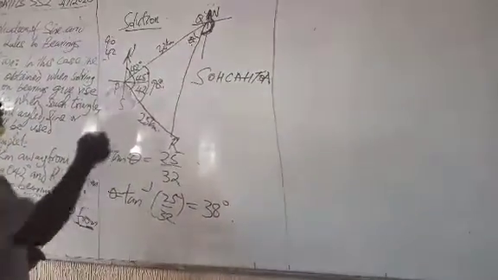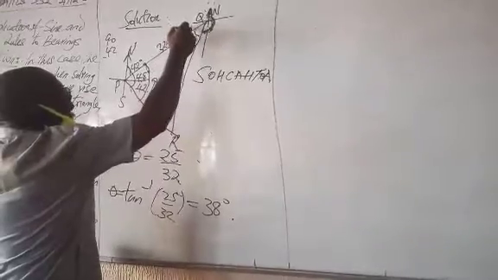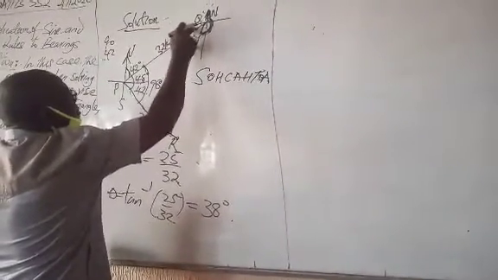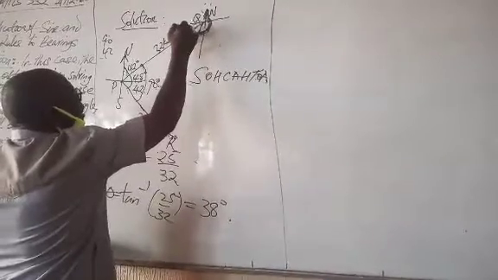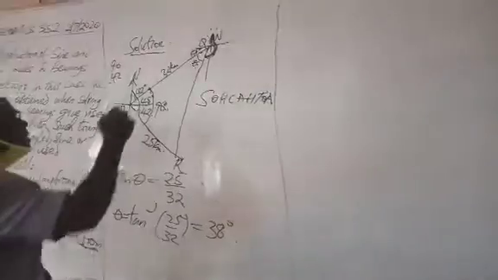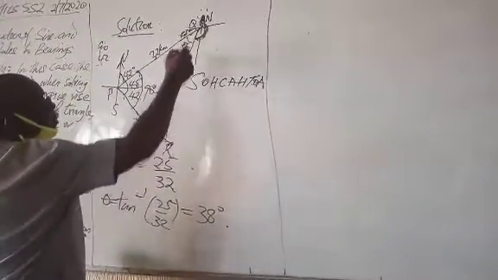Mind you, since here is 48, here will also be 48. Why? This is alternate to that. Since here is 48 and here is 38, what is the remaining part?